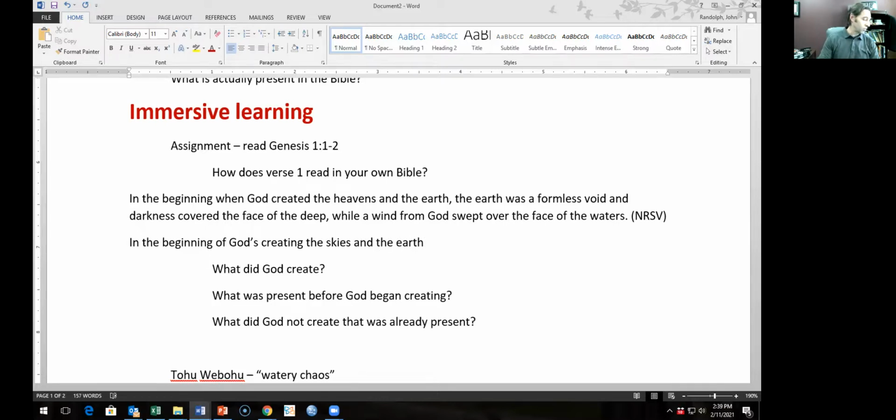So that's kind of different, the skies and the earth. And this even has what the Hebrew looks like. So if you wanted to see what written Hebrew looks like.